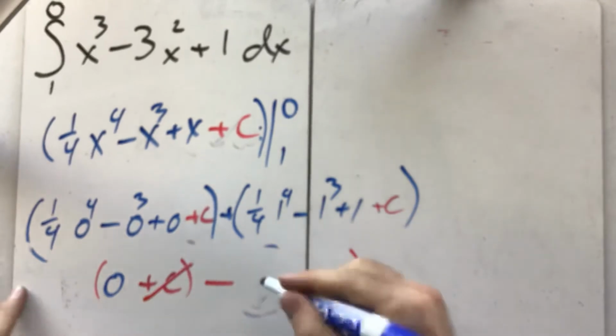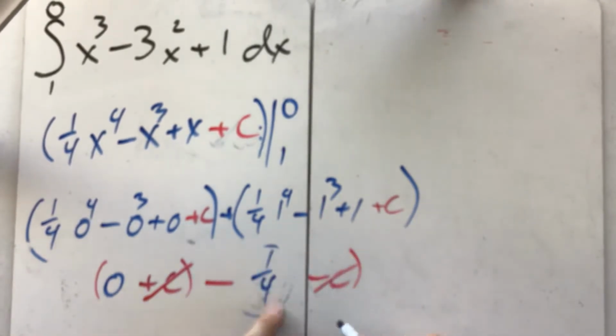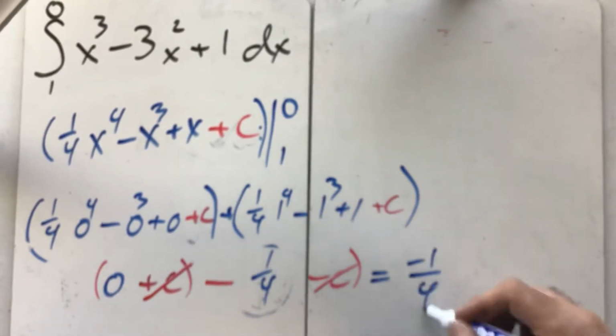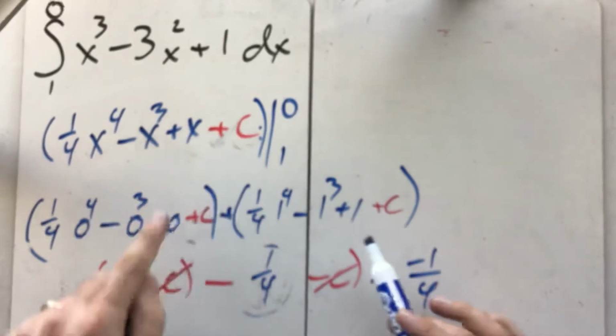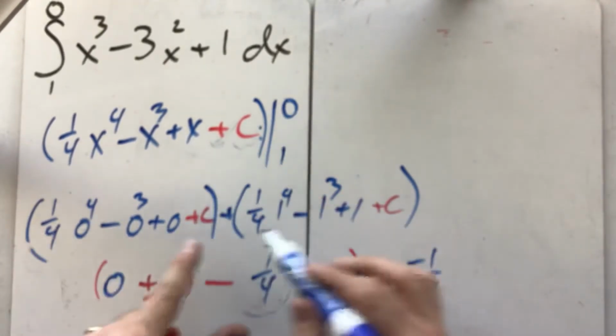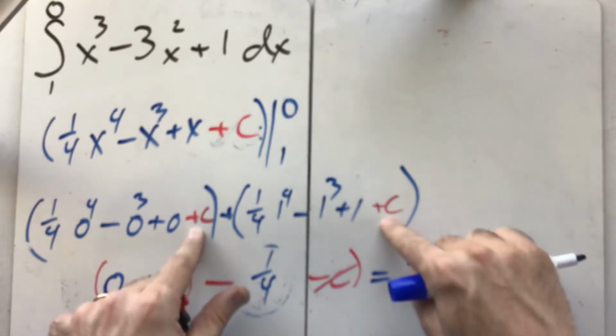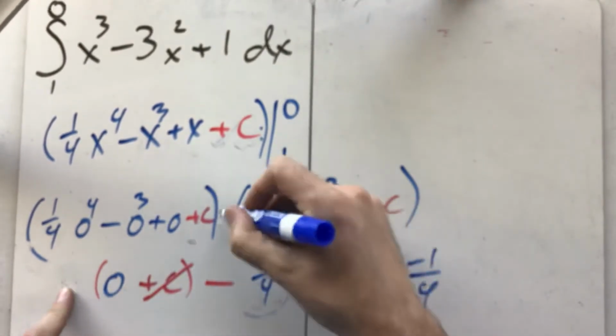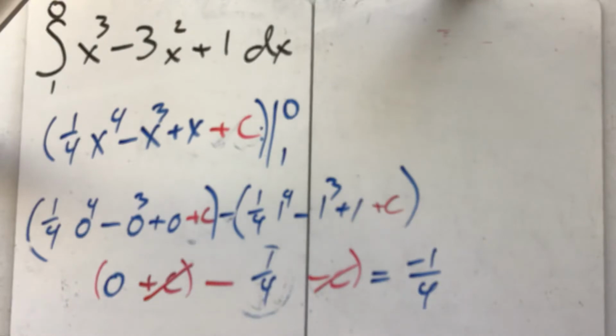And so you actually don't have to write the plus c's on there, because every time you put a plus c in there, they would cancel each other out whenever you end up doing the subtraction. So you'd have one here and the negative of it right over there. So we don't need to include the plus c's when we do our antiderivatives. It's just something we don't have to worry about.